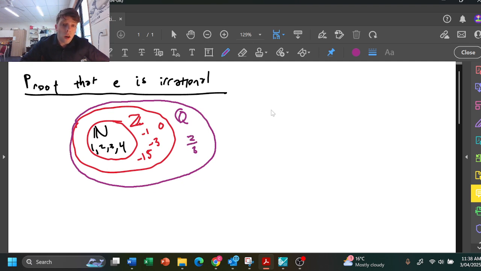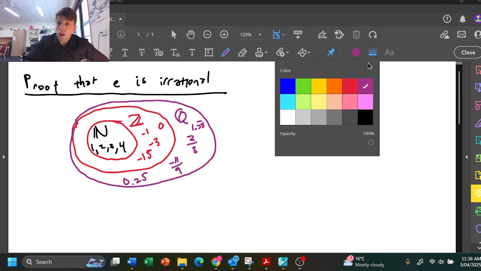That's a rational number. We could also have negative 11 over 9, whatever it might be. We can also write these as a recurring or a terminating decimal. For example, the number 0.25 or the number 1.333, where the 3 goes on forever. These are all examples of rational numbers.